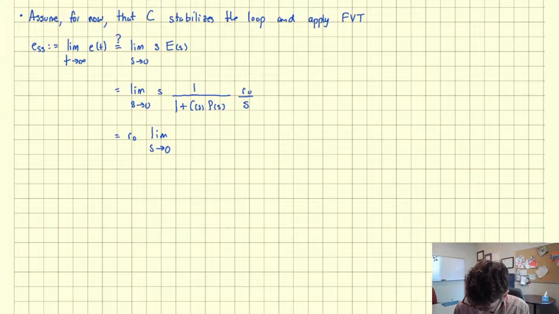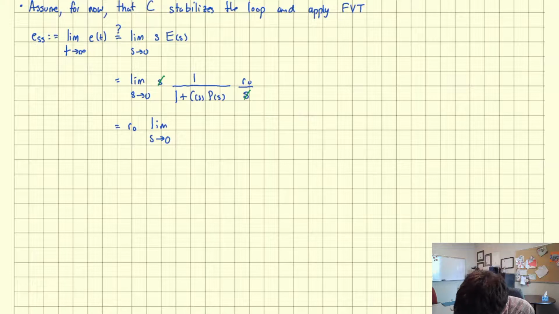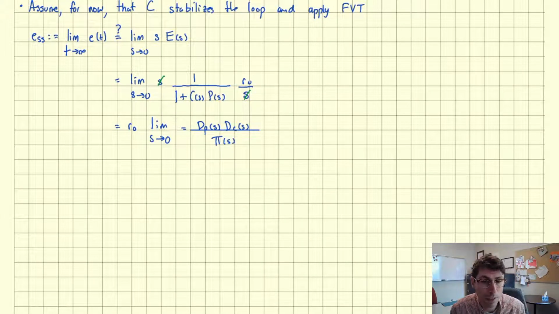The s terms are going to cancel, so let's get rid of those. And then let's do what we did before and write everything over a common denominator. What we will get is the denominator of the plant times the denominator of the controller over our characteristic polynomial. That's the transfer function we saw a while ago.